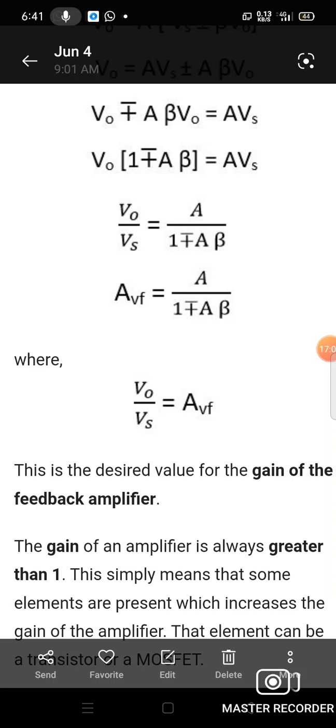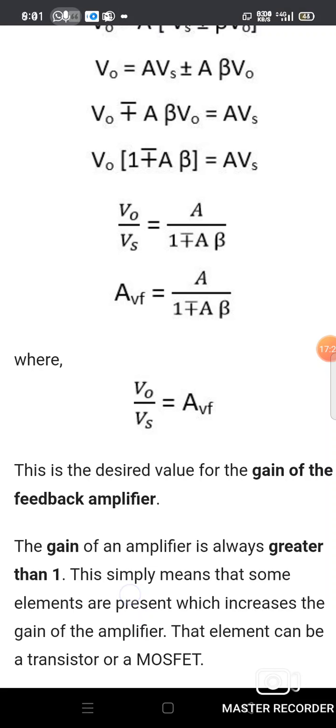Now, V0 is the output voltage of the amplifier with feedback, and Vs is the input signal voltage, that is, the source voltage. The ratio is the overall amplifier gain with feedback.